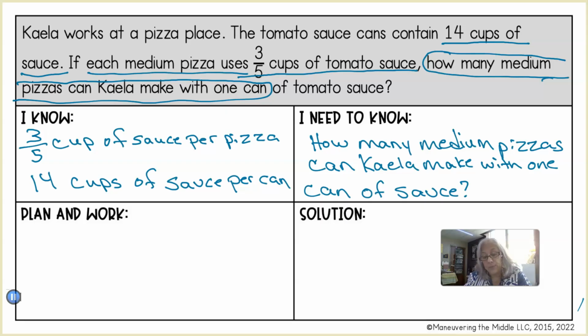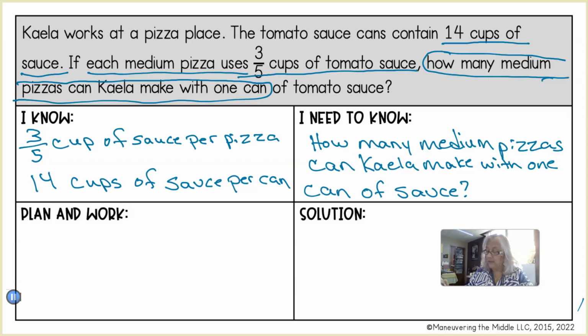I know this is cumbersome. I know this is a lot to write all this down now. Get in the habit of writing it down now, and you'll get in the habit of thinking of it later. You won't have to write it down, but you'll get in the habit of going, what is it that I know, and what is it that I need to know? Okay? So let's plan our work. Well, we need to know how many 3/5 are in 14.